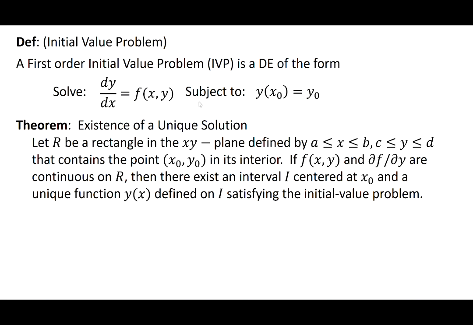Guaranteed. Provided certain conditions are satisfied, of course. And also, that solution that you find will be unique. Meaning, once you find a solution, that is the solution. You don't need to find some other solutions. Okay? And there won't be other solutions.